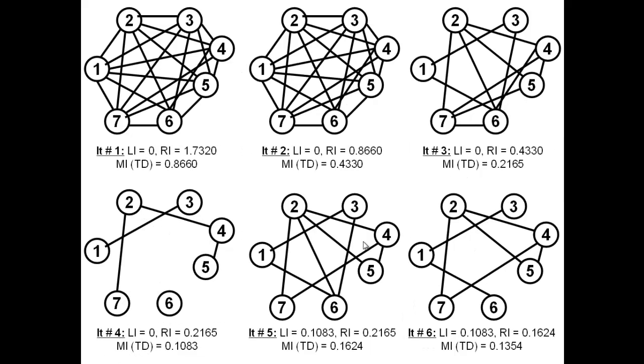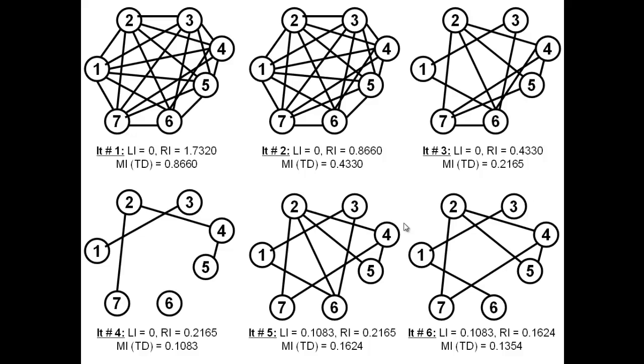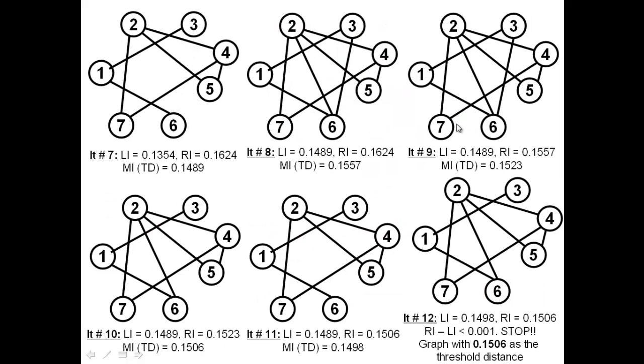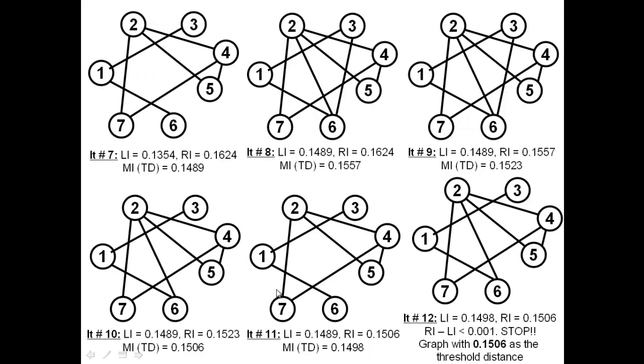If the distance of the edges in this graph is greater than 0.1489, we remove that edge. Say for example, this edge between 3 and 6 has a distance of 0.1512, which is greater than 0.1489, so that there's no edge between 3 and 6. And you can see this is same as this graph here, so it's basically not a connected graph.